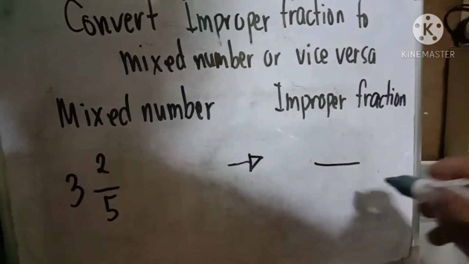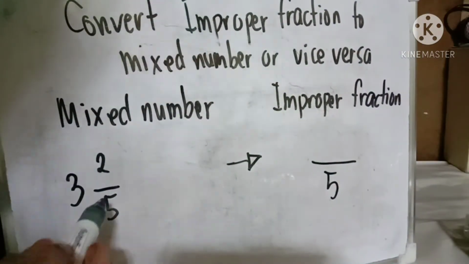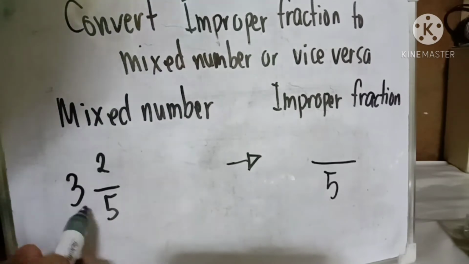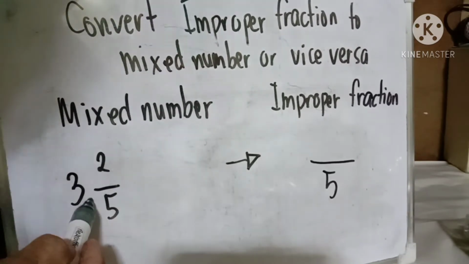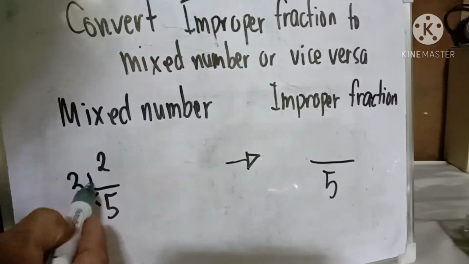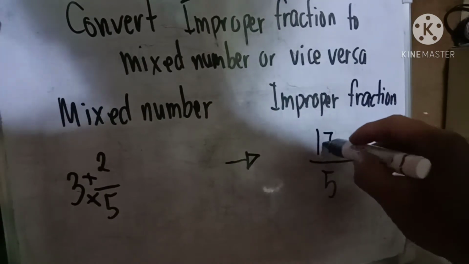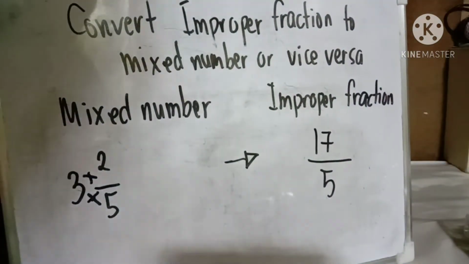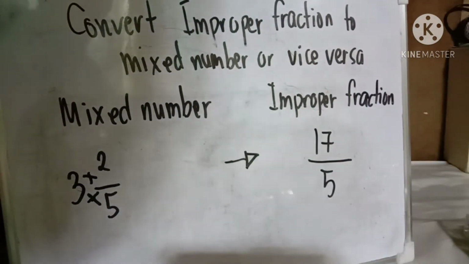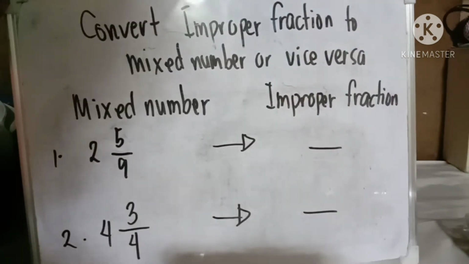First, you need to copy the denominator, then multiply by 5 since the whole number is given. 5 times 3 becomes 15, then plus 2 becomes 17. So therefore 3 and 2/5 converts to improper fraction 17/5.